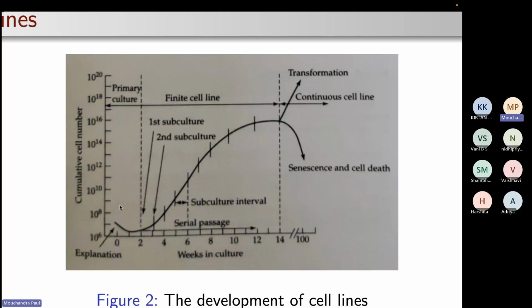You allow those cells to grow for say up to 2 weeks, and then you see that the cell growth is increasing in an exponential fashion, but it can only be grown up to a limited period of time, say the 14th week, and during this time you are changing the vessel.